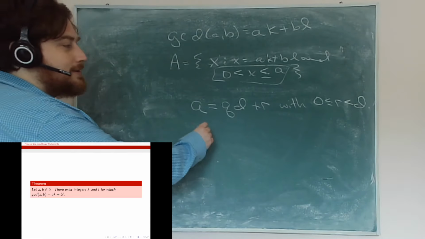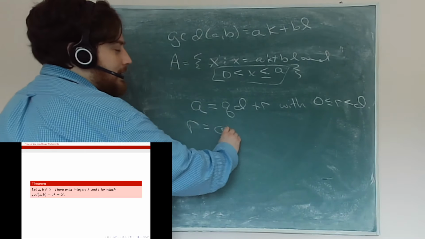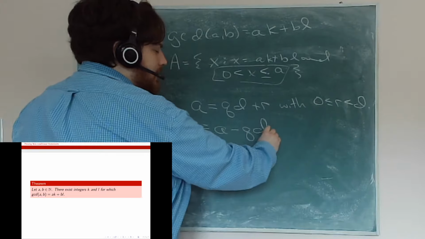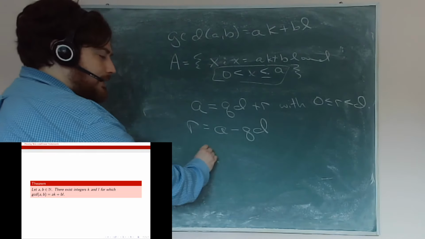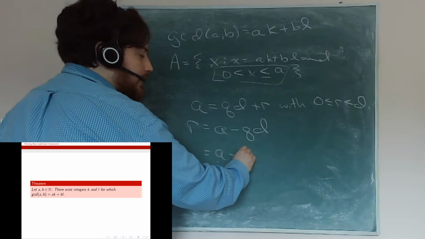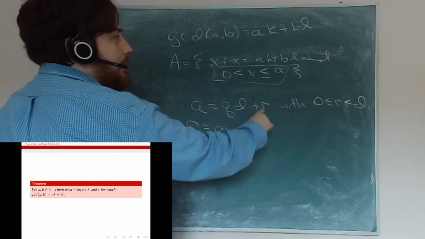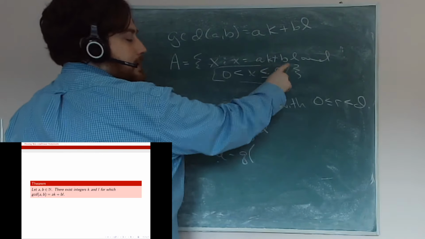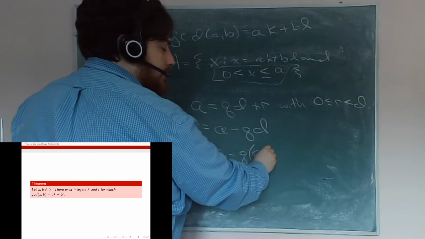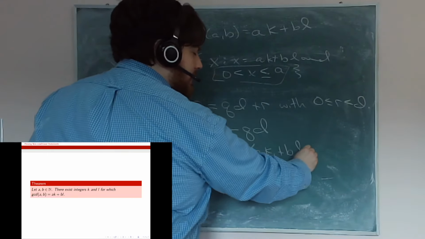So how I'm going to do that is notice that R is equal to A minus Q times D, which is equal to A minus Q times, I know that D looks like this because it's in the set, A times K1 plus B times L1.